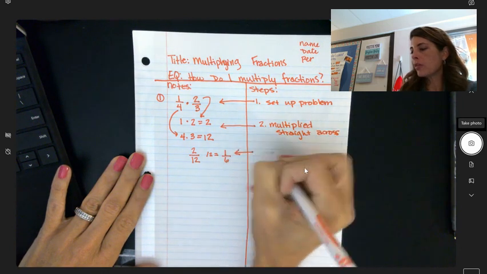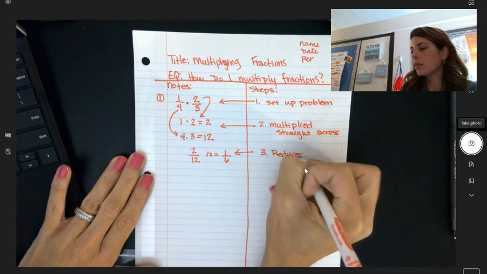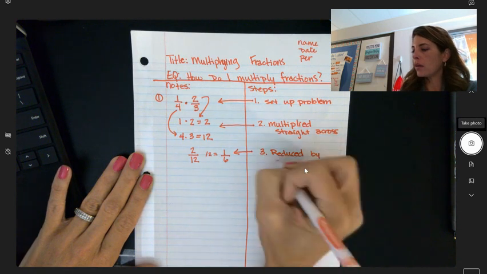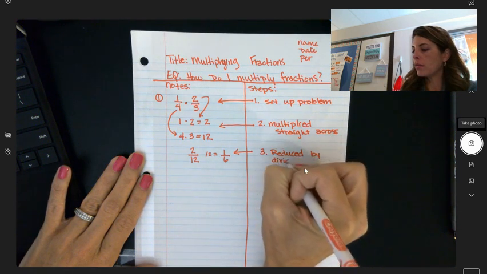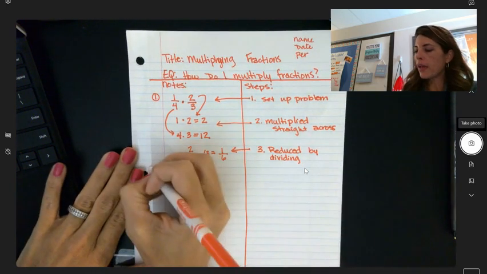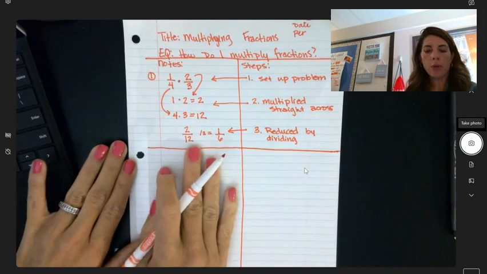And then step 3, I reduced it. Makes it look a lot cleaner, okay? And then I can make a line, and I can do the next problem.